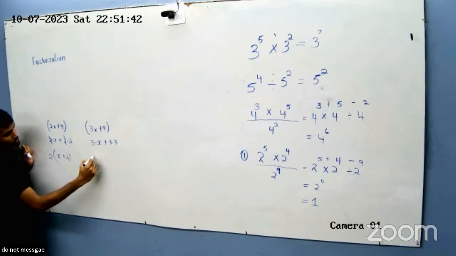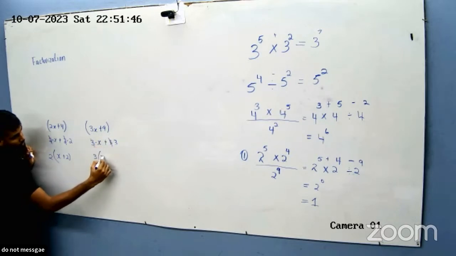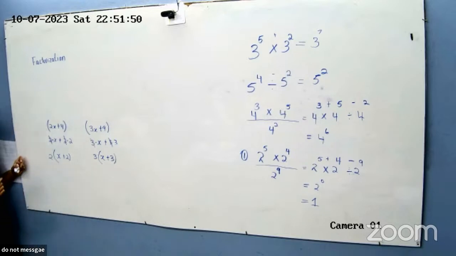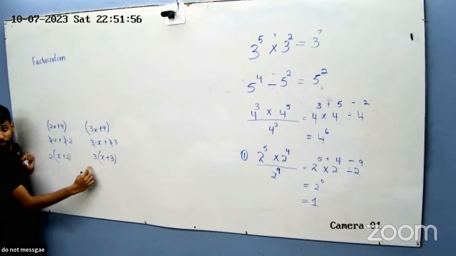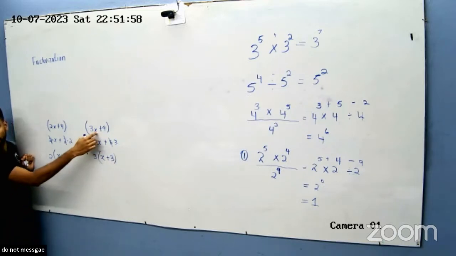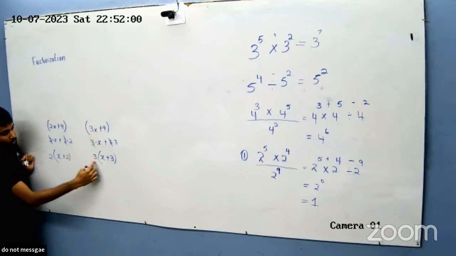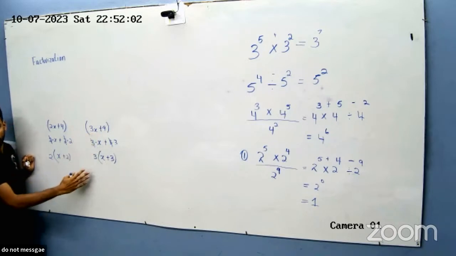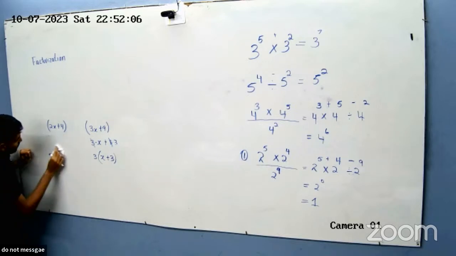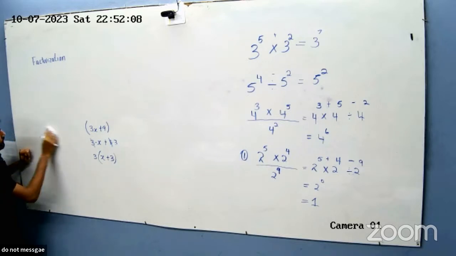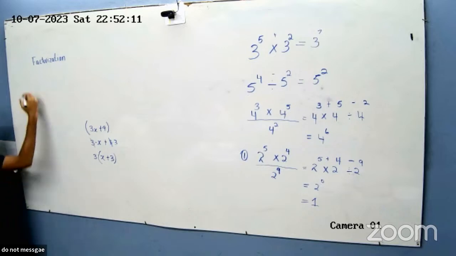So you just take the 3 outside, cross them out, and remain with this, right? The important thing to know if you do this correctly is that you have to multiply this entire thing here to get back here. If you multiply this and you don't get this, then it's wrong, so you can try out a few.